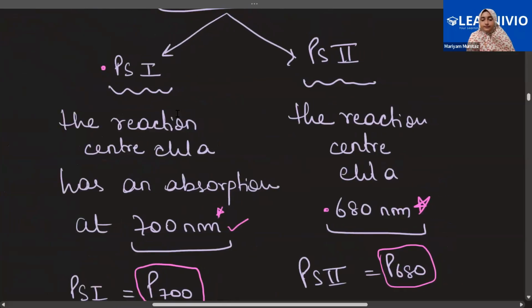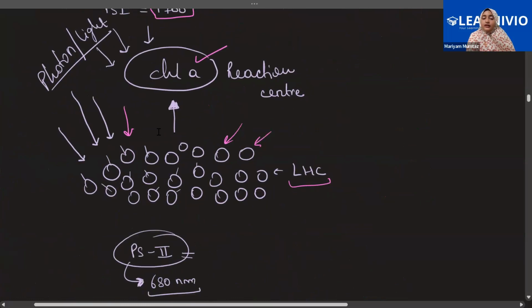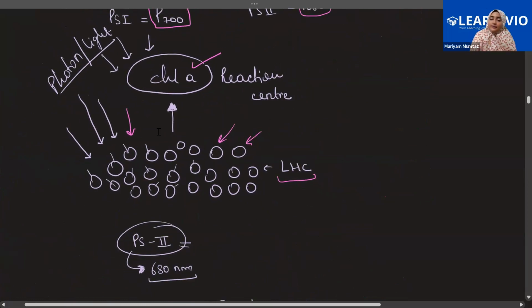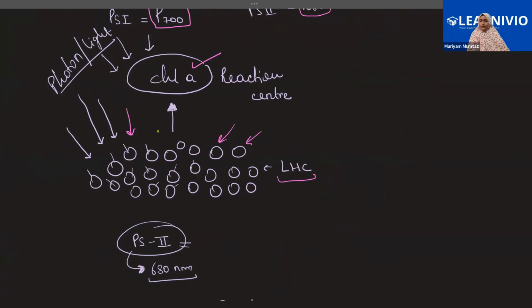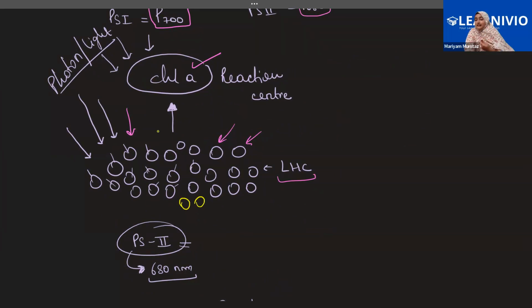Yes, ma'am. Now see, this is how the whole entire mechanism happens. The light harvesting complex has all the pigments that are responsible for trapping the sunlight. That is why it is called light harvesting. You might remember rainwater harvesting. So just like that, light harvesting is also there. Now in the light harvesting complex, there are certain pigment molecules, and when they absorb the light, they become excited.